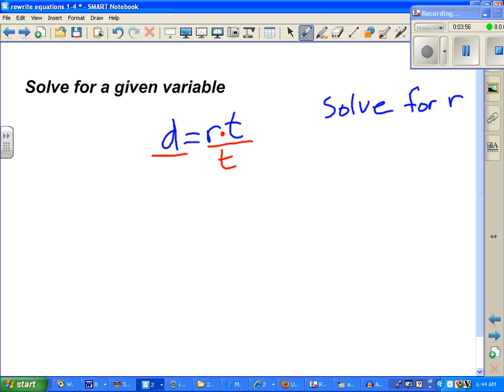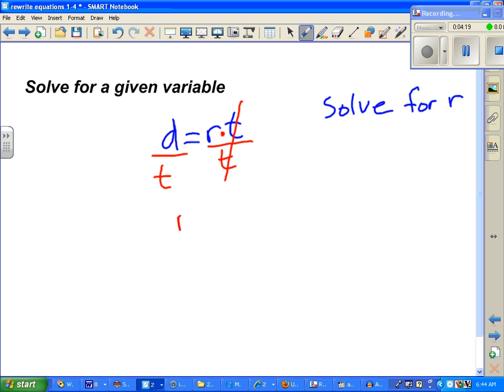It doesn't always have to be numbers. And in fact, as we get into Algebra 2, you'll find that numbers go away increasingly. We deal a lot more with letters, a lot more with variables, because we can do a lot more with them, because they can constantly change. Okay? So if I divide one side by t, I've got to divide the other side by t. Well, t over t is 1.